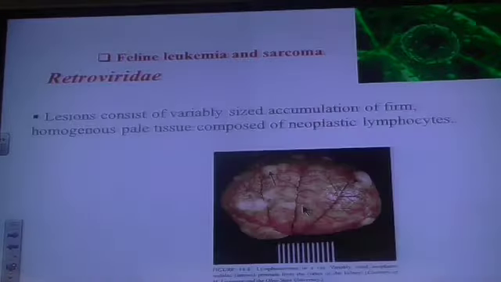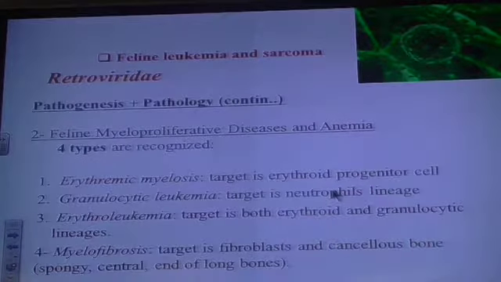Now we described the lymphomas that are present on the kidney. So these are neoplastic lymphocytes. In relation to the feline myeloproliferative disease and anemia, there are 4 types that are recognized. There is the erythemic myeloses. Again, what does erythemic mean? It refers to red blood cells, okay? So it targets erythroid progenitor cells, which subsequently give the red blood cells.